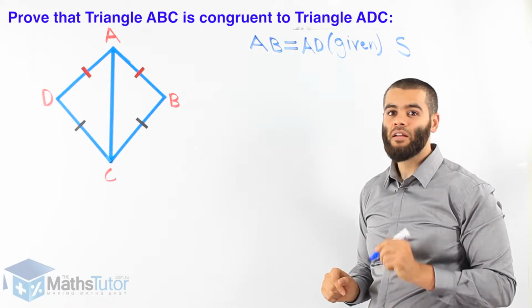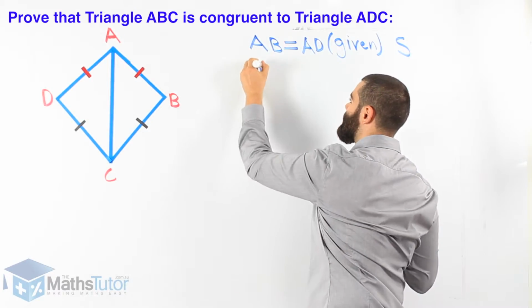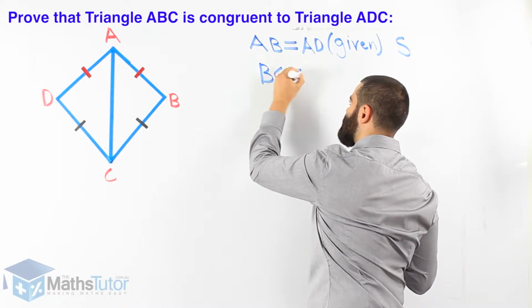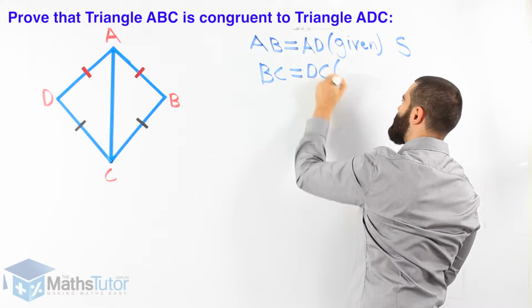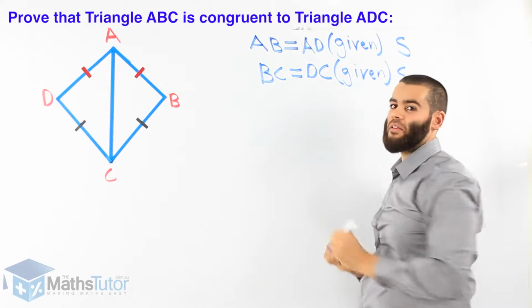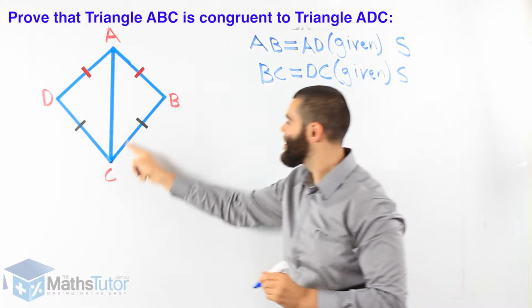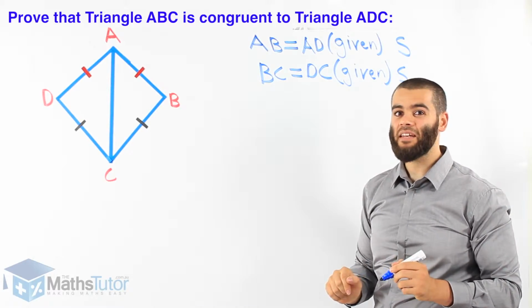That's one side. Then BC equals DC. That's another side. It's given information once again.